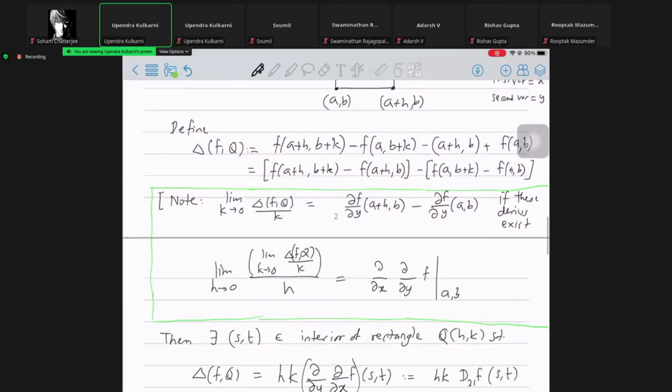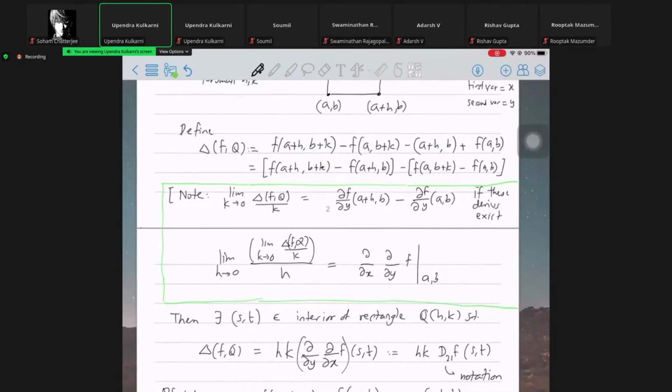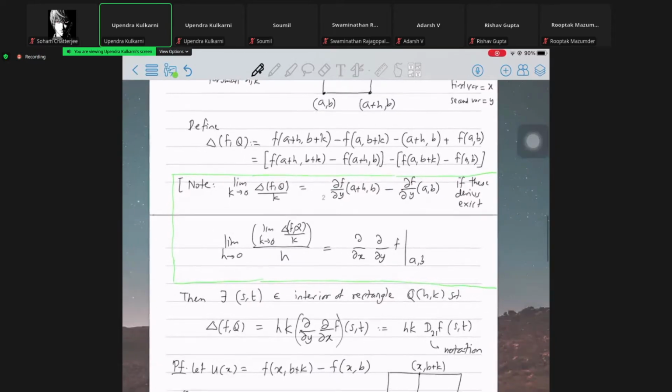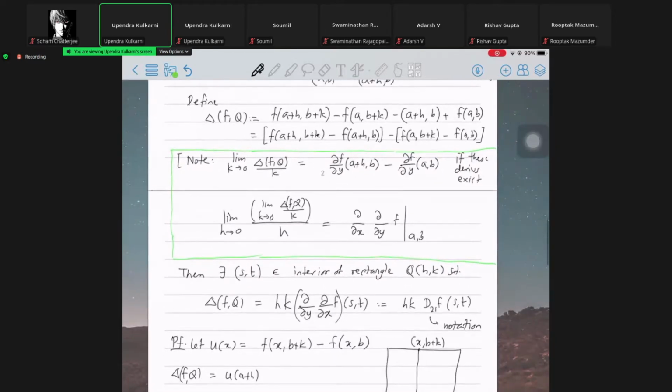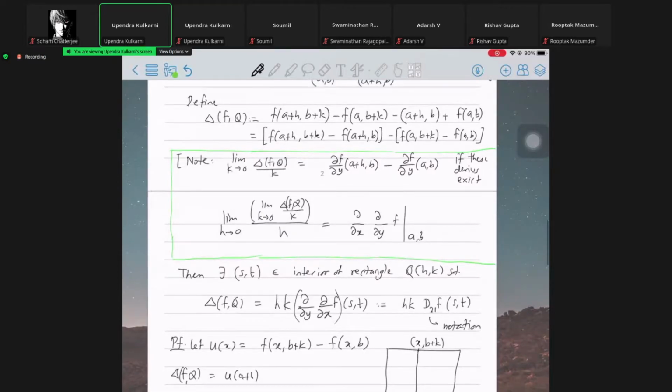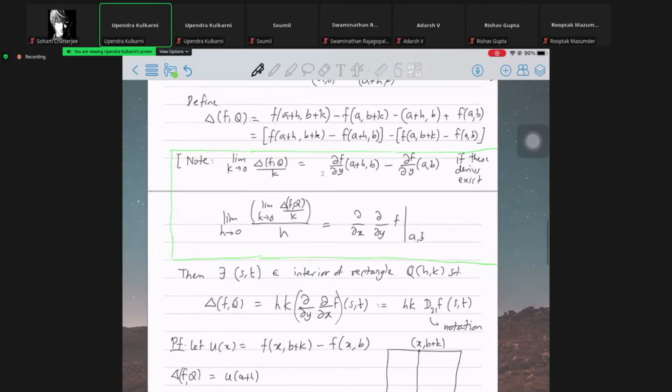So if you look at the definition of delta, u of a plus h gives me which terms? The first two terms, correct? Sorry, not the first two terms. The first term and the third term. Yeah.